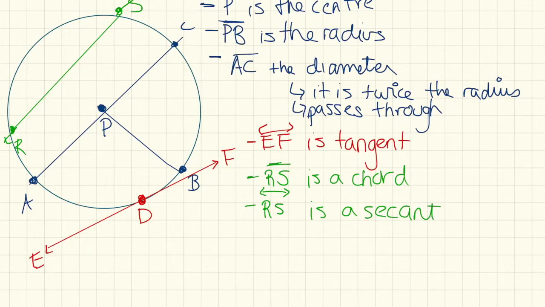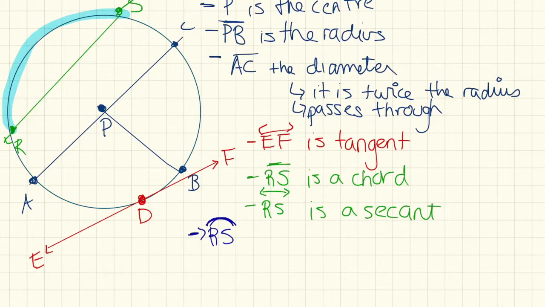Now that we have all of these, I'm going to add a little bit more with the points we already have. We don't need any more points. Another thing you need to know is called an arc. From R to S here, we create some kind of arc. Because it's an arc, we're going to put a curved line over RS.